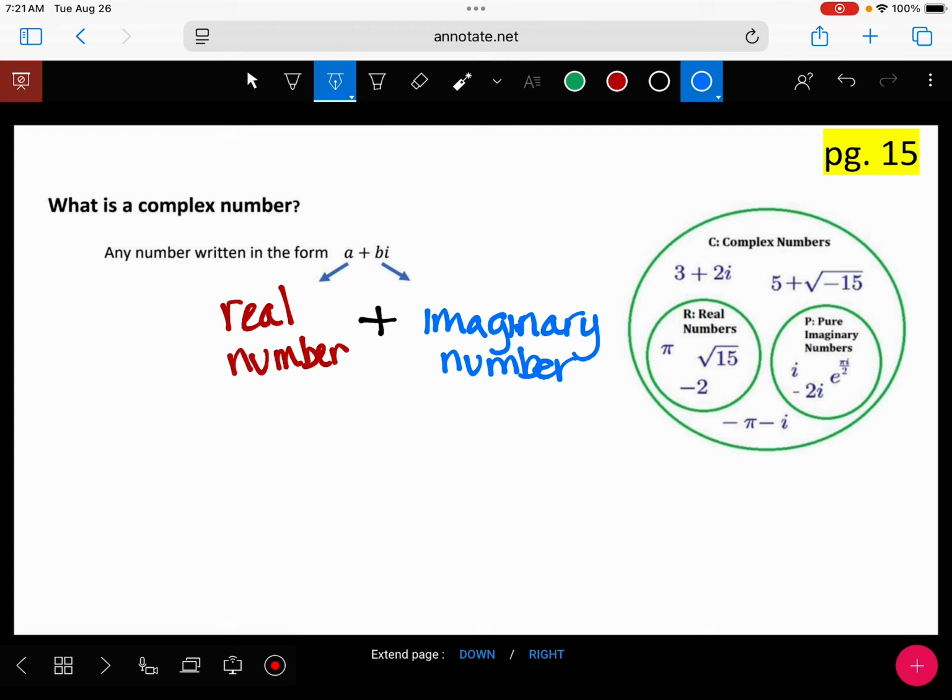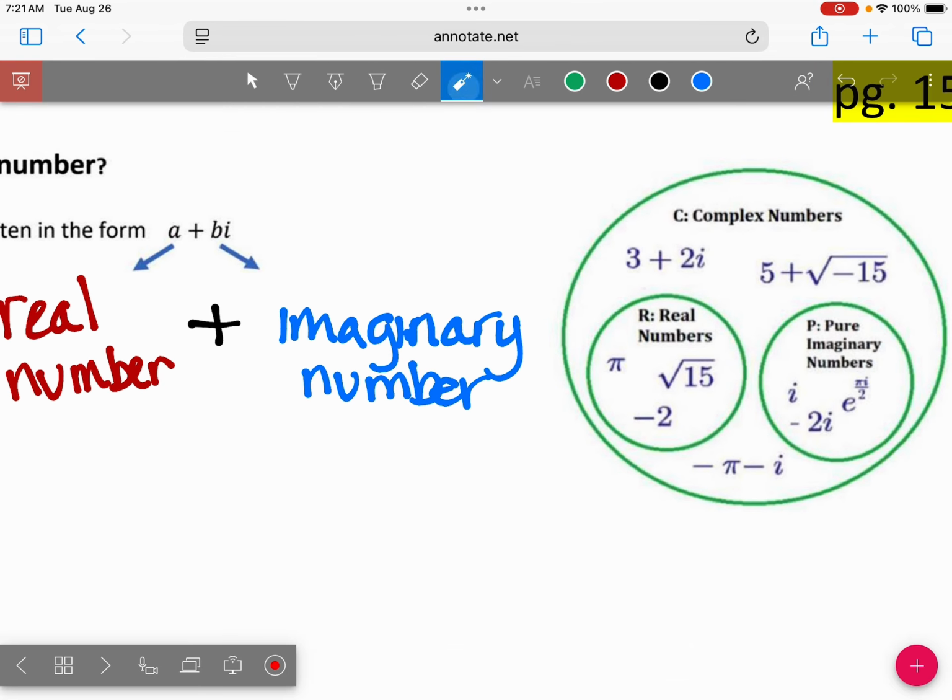So if you look at this Venn diagram we have here, notice that all on the outside, all of these numbers are imaginary. And then we have real numbers. This is a real number, this is a real number. All of these are real numbers. So when you try to bring them together, it's called a complex number.